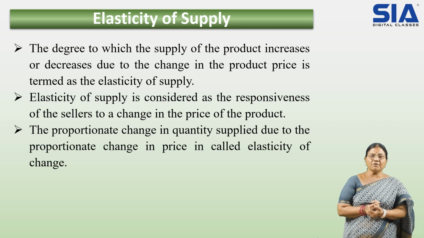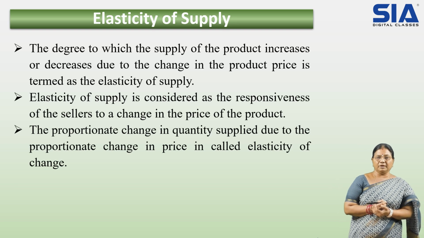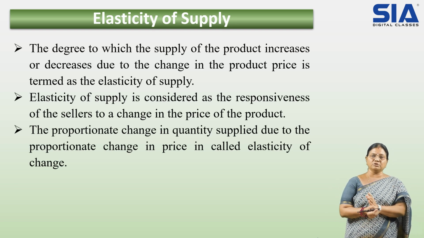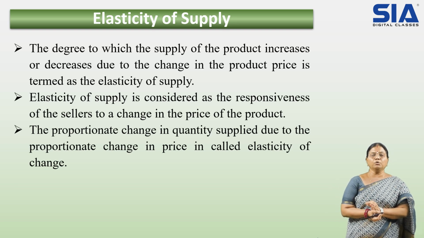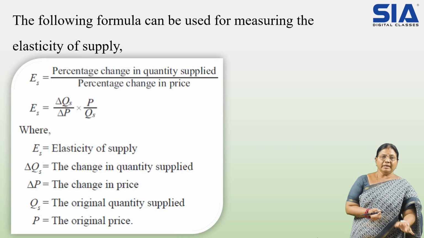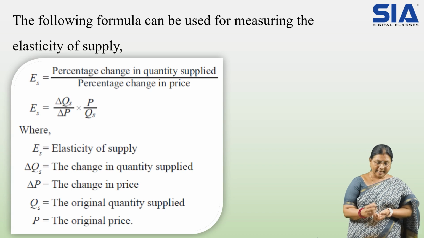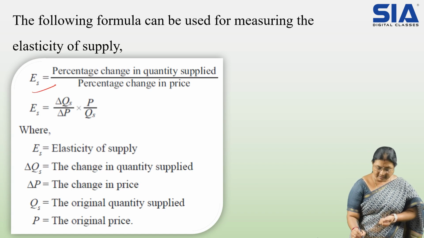So elasticity of supply is considered as the responsiveness of the sellers to a change in the price of the product. That is, the proportionate change of the commodity supplied due to the proportionate change in the price. It is represented in the form of a formula: ES equals percentage change in the quantity supplied divided by percentage change in the price.